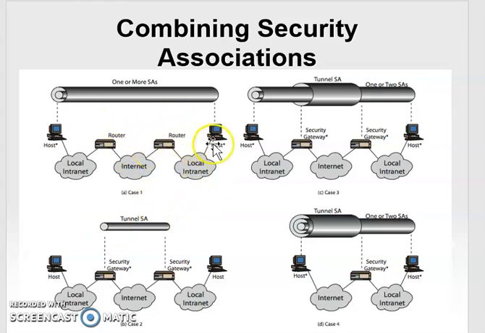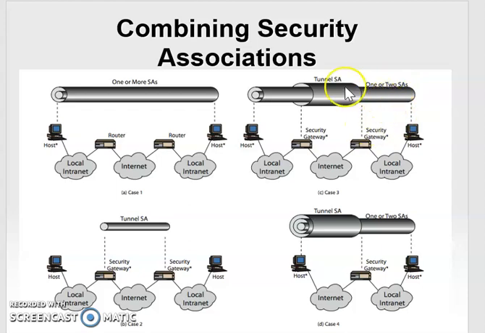Now the next case, case 2, is between security gateways, between the two hosts. Whenever the case is between two gateways, we are going to use tunnel mode. Both hosts are not implementing any kind of IPsec services, but the gateways are using these IPsec services.